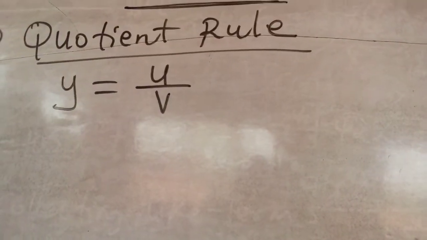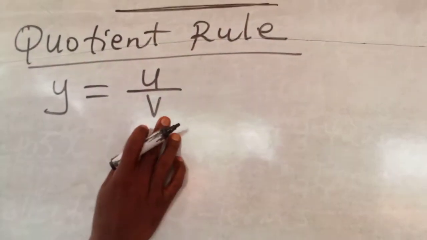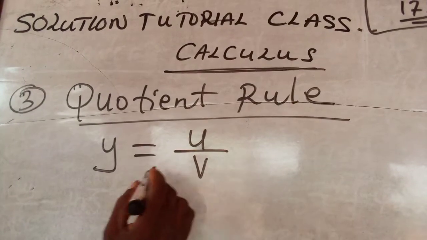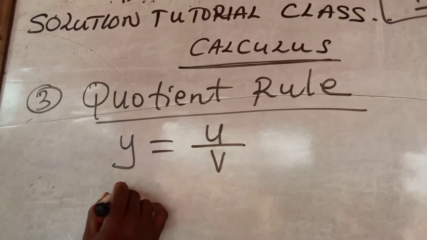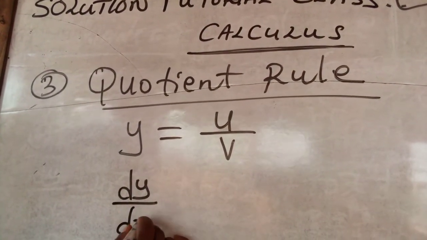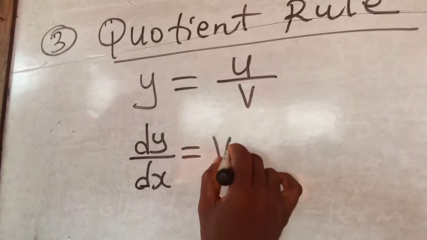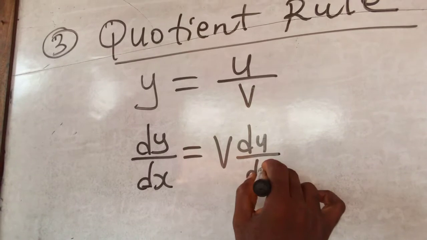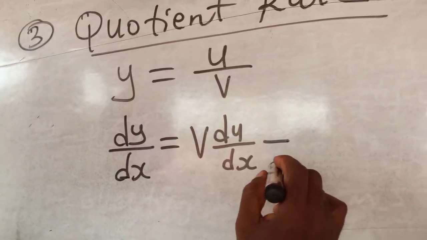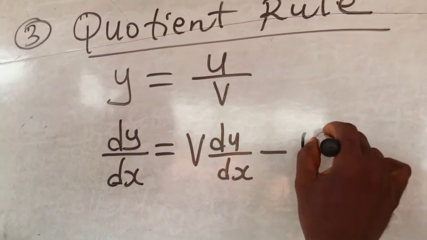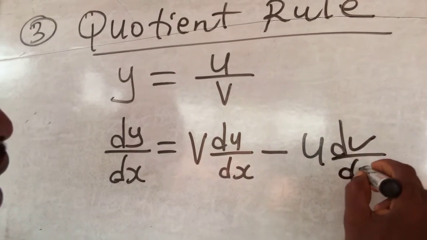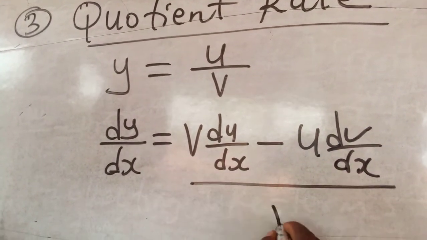In this case, the form is u over v. And the formula we are going to use to differentiate will be dy over ds equals v du over ds minus u dv over ds, all over v squared.